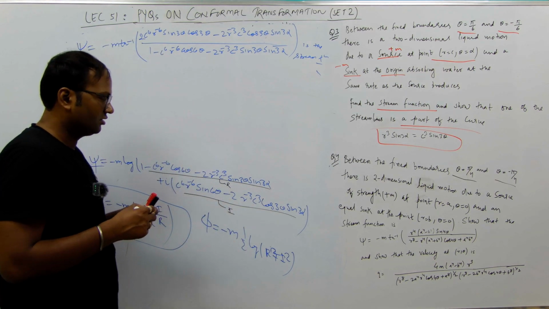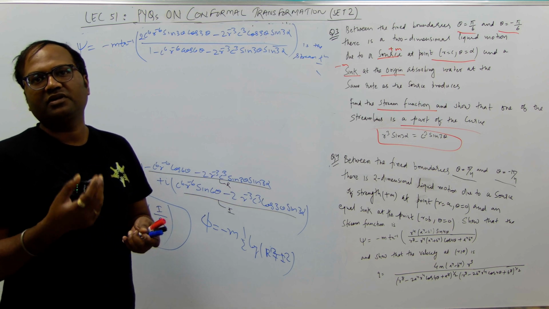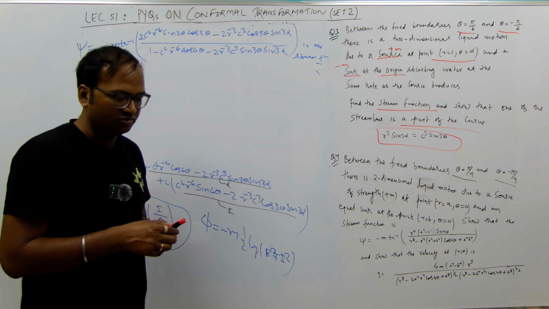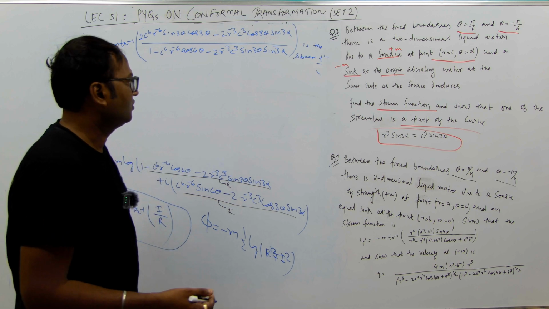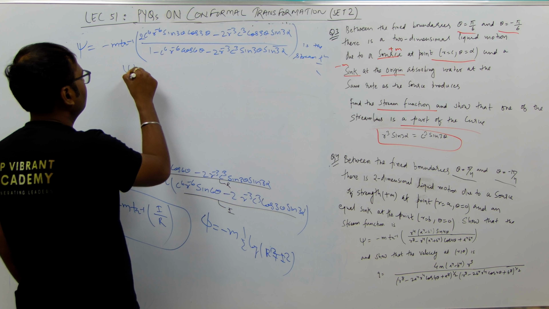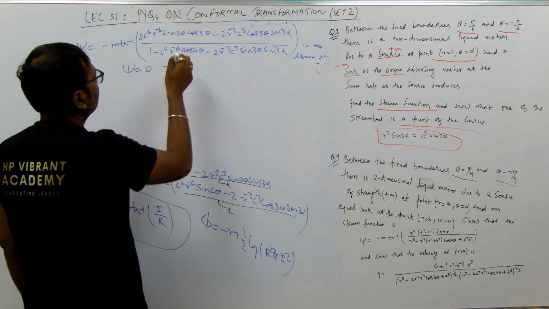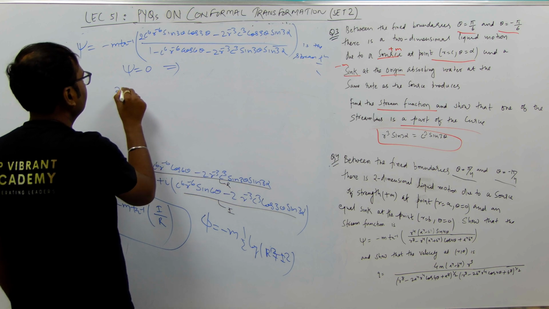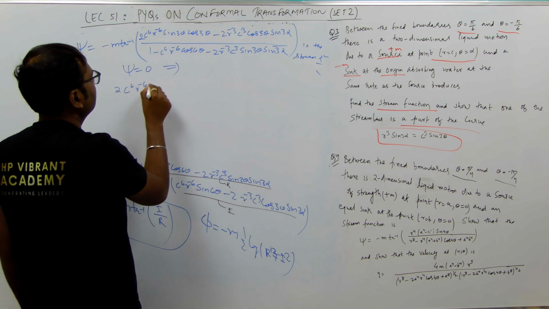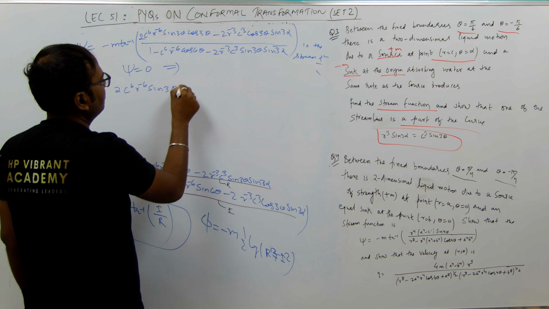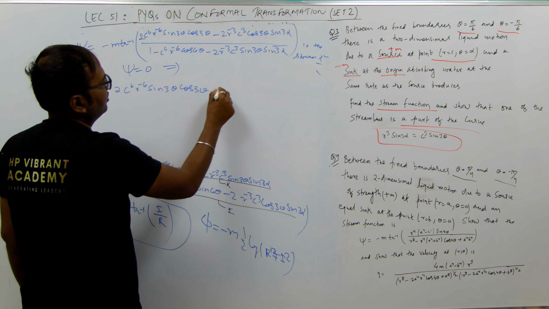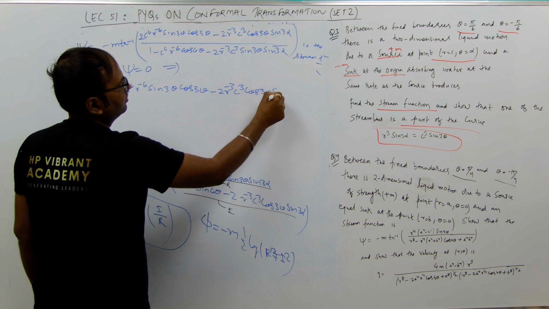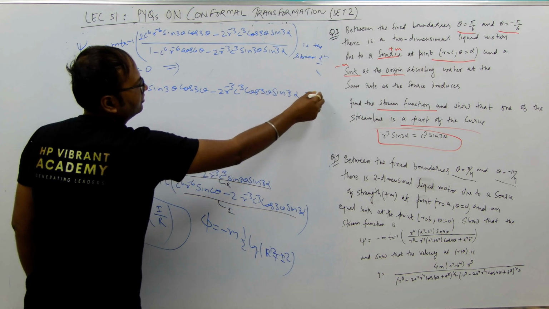Putting psi equal to 0, this whole term will be 0, which means the numerator will be 0. So we have 2 c^6 r^-6 sin 3 theta cos 3 theta minus 2 r^-3 c^3 cos 3 theta sin 3 alpha is equal to 0.